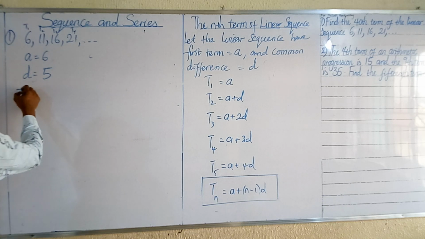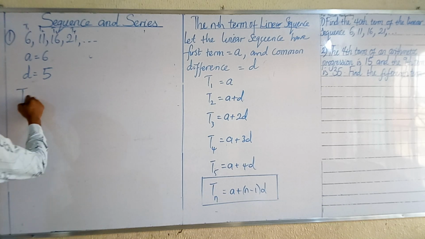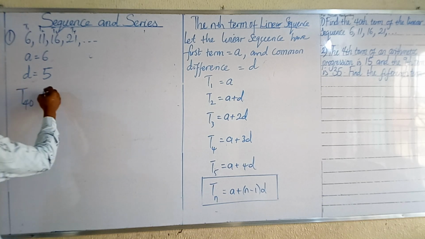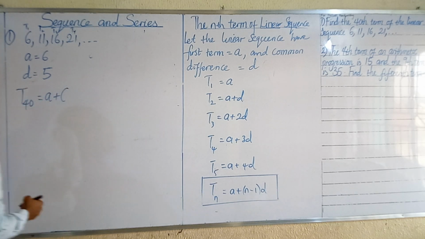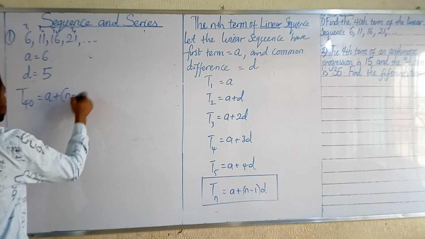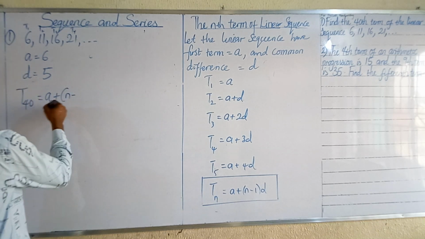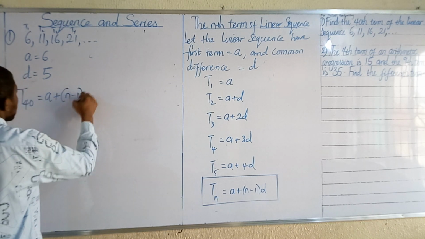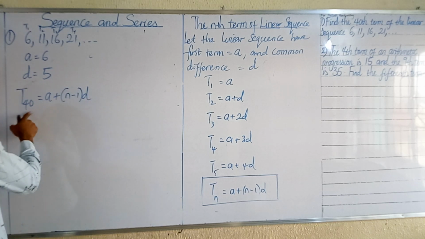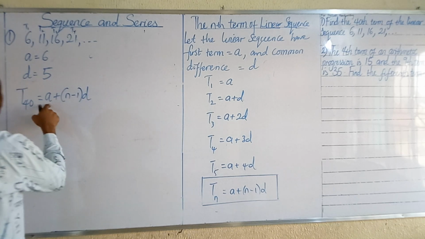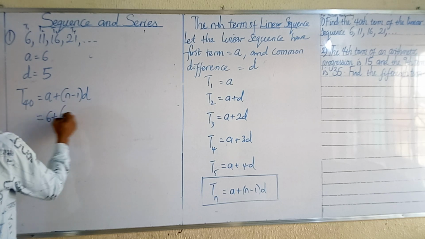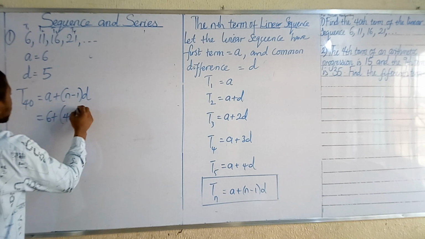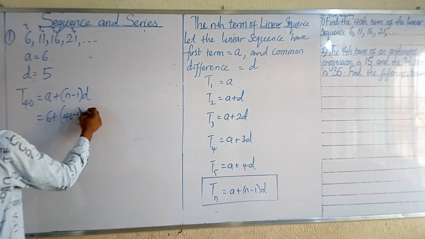So T40 will be A plus, using our nth term formula, (n minus 1)d. Alright, because we are using T40, we know our A is 6 plus n is now 40, 40 minus 1, okay, d is 5.